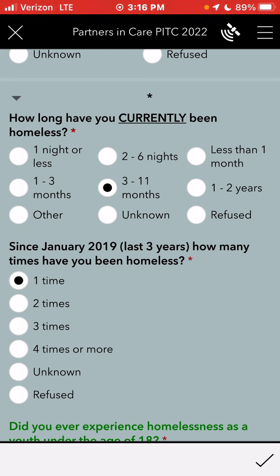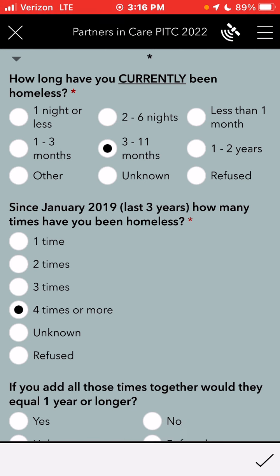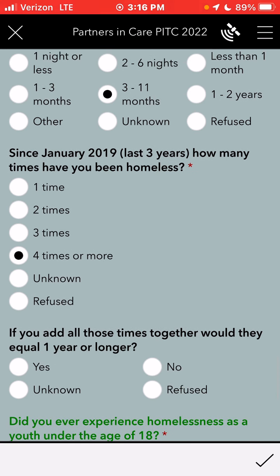If you press 1, 2, or 3, no additional questions pop up. However, if you press 4, an additional question asks, if you add all those times together, would they equal 1 year or longer? Yes, no, unknown, or refused.